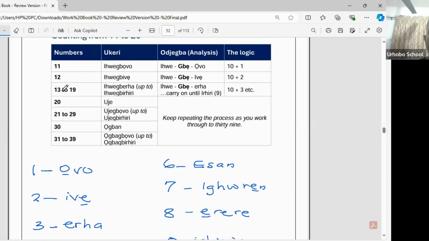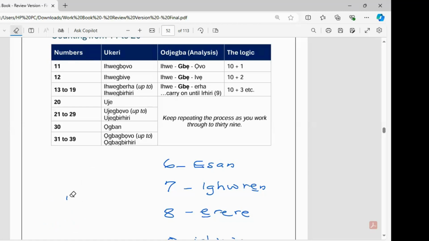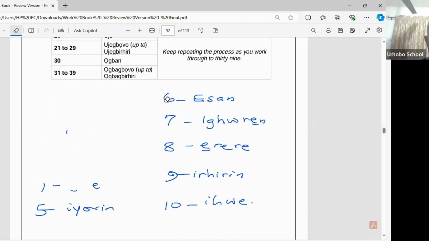So we have 13 here. If you want to follow this process, how do you say 14, 15, 16, 17, 18, 19? Let's try it. You can look at your notes, your textbook, your workbook. Iwe bene? Yes.